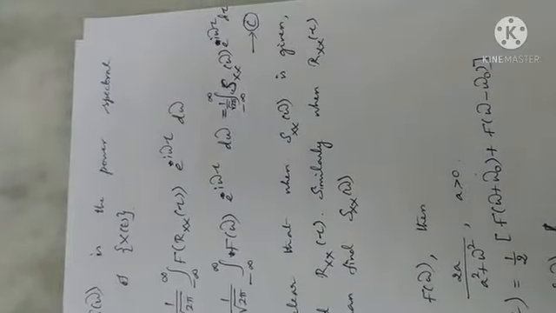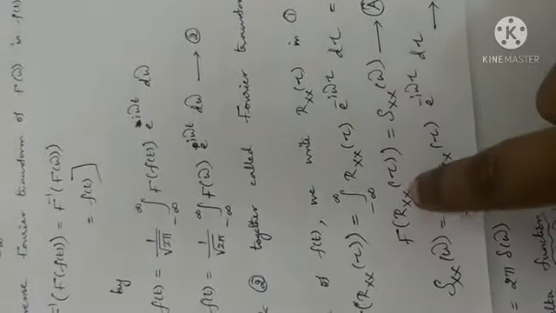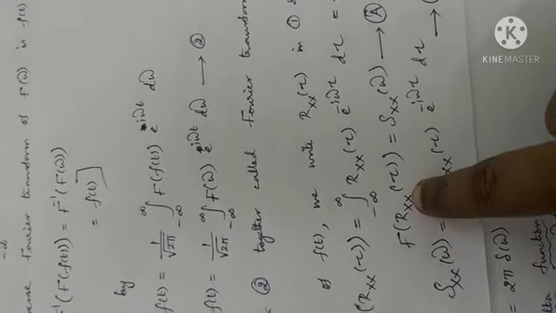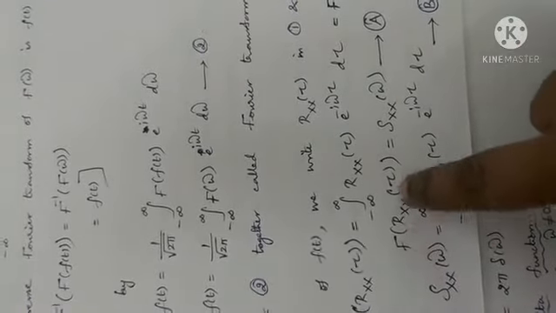So now it is very clear. See, the Fourier transform of the autocorrelation function gives the power spectral density. So when they give the autocorrelation function and ask us to find the power spectral density, we find the Fourier transform so that we get the answer.